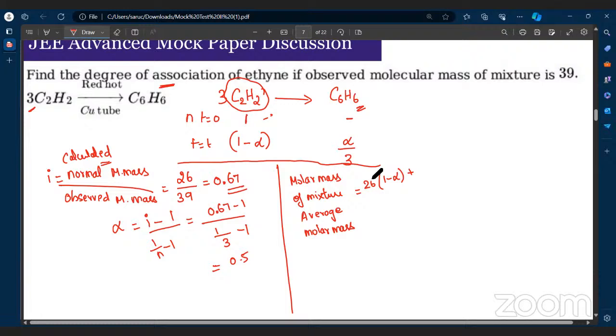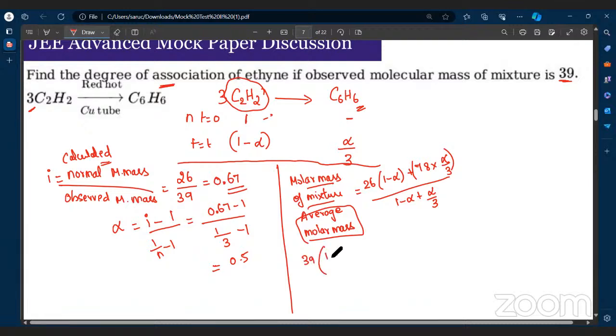The molar mass of benzene is 78, into alpha by 3, divided by the total number of moles, which is 1 minus alpha plus alpha by 3. The average molar mass, that is the molar mass of the mixture, is given as 39. So I'm equating it to 39.